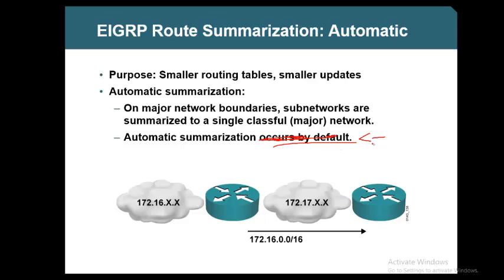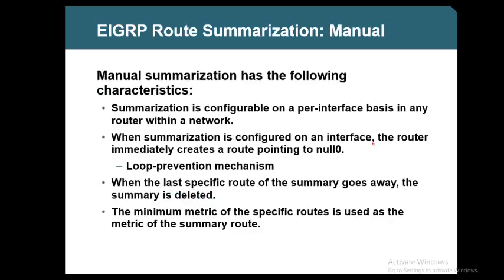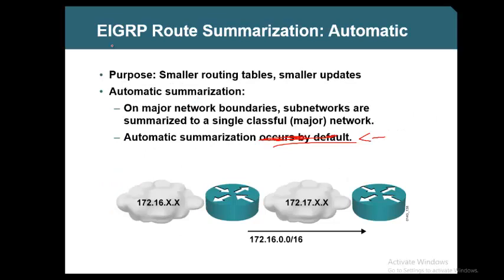Today there is no summarization by default. Now there is another summarization called manual summarization. Manual summarization is not summarized to classful boundaries. You can have any prefix length. That's what it means.